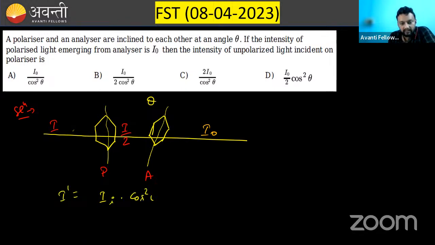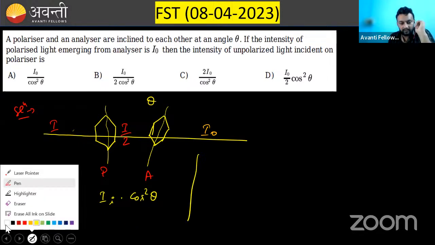This is the relation. Now I am explaining the terms. I dash is the outcoming intensity. I incidence is the light intensity which is incident on the analyzer. Theta is the angle between them. Now place the values.